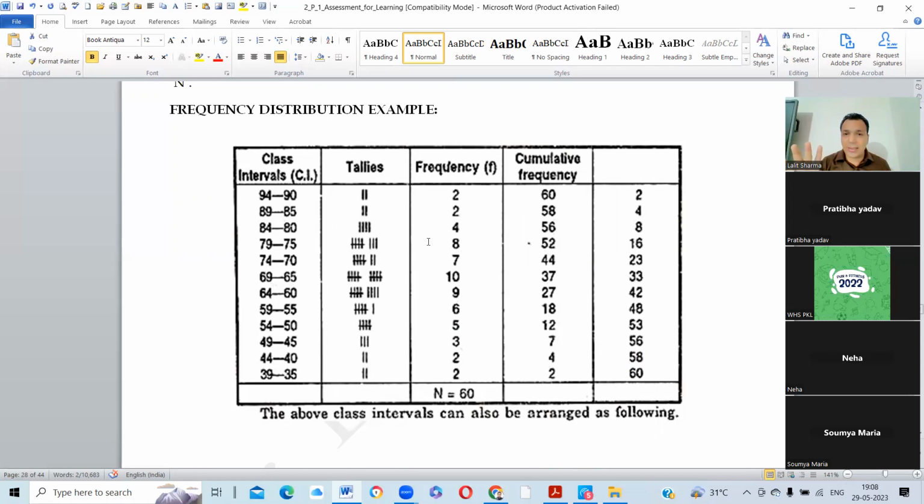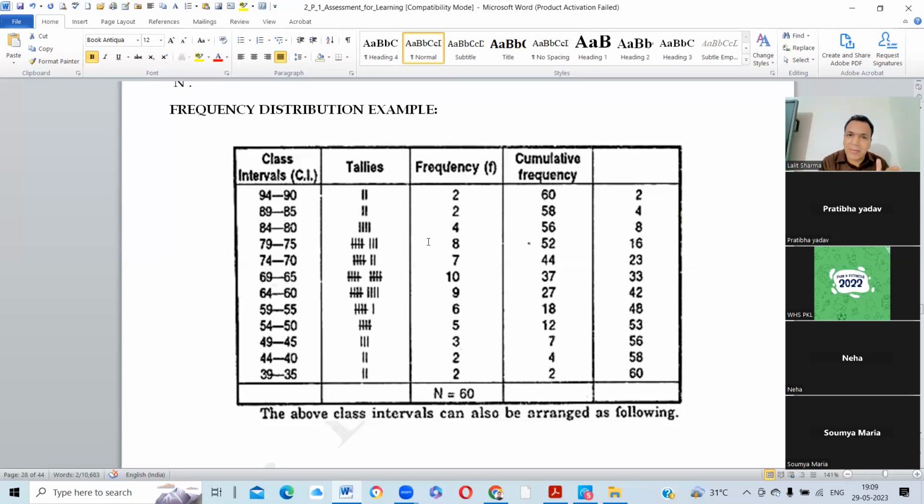Out of 40 students, 10 students have got more than 90% marks, right? 10 students have got near 80% marks. 10 students have got near about 60% marks. The rest of the 10 students have got marks between 40 to 50. So you will make something now. So this is called the frequency distribution.